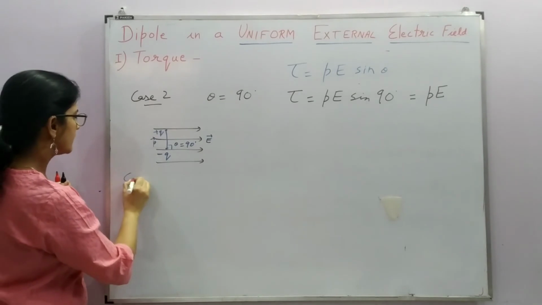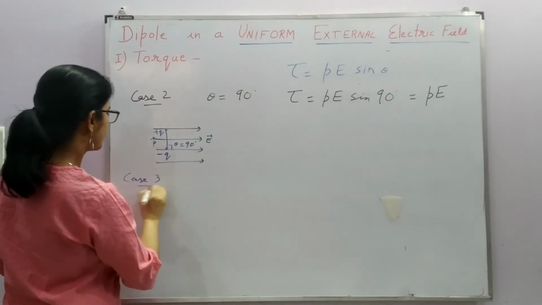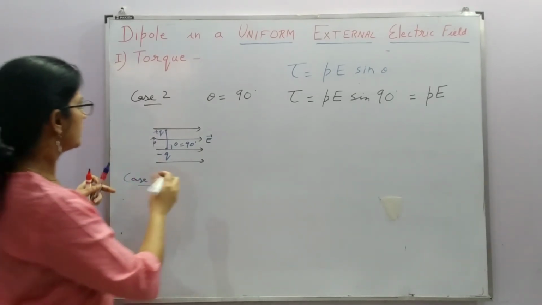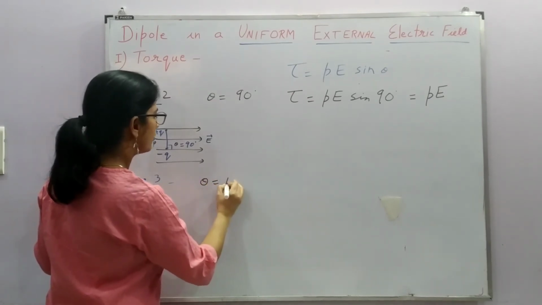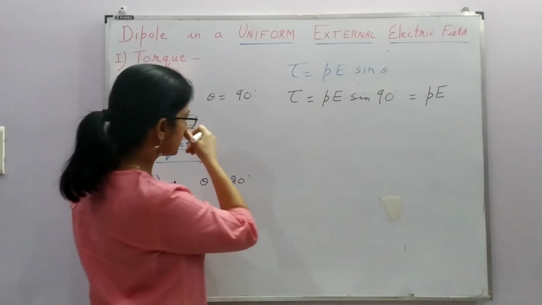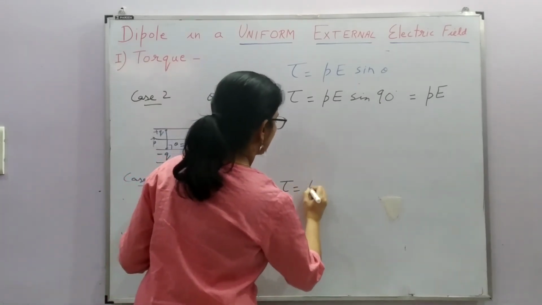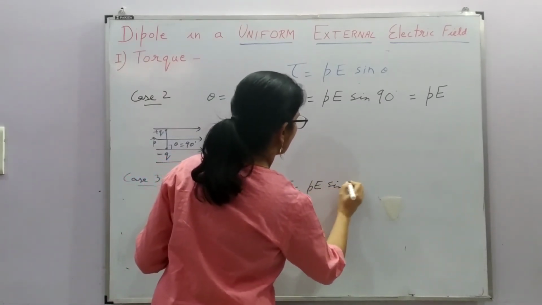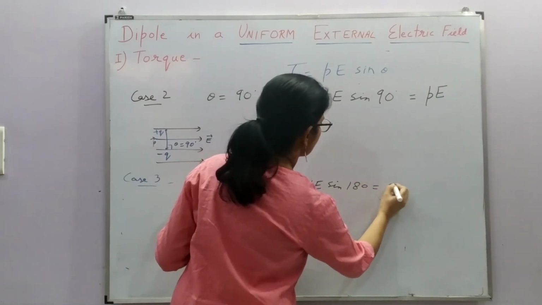So let's take another case, case 3. If theta is 180 degree, then also torque is equal to PE sine 180. This makes it 0.